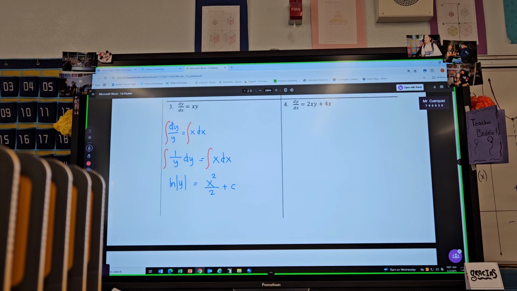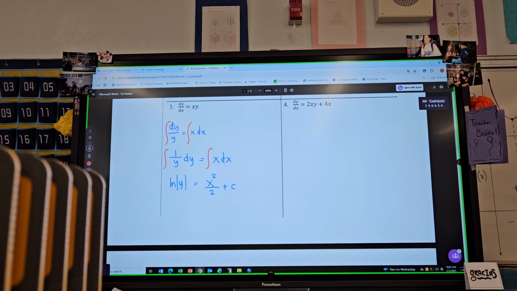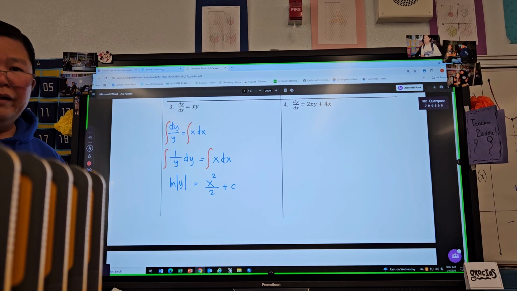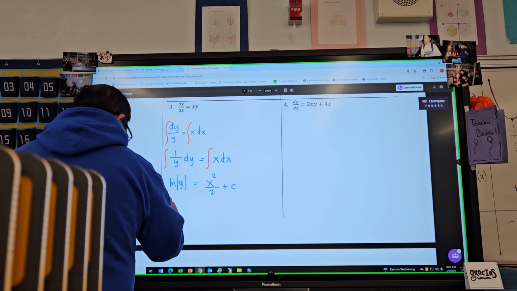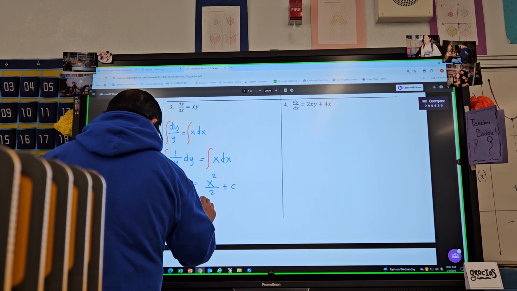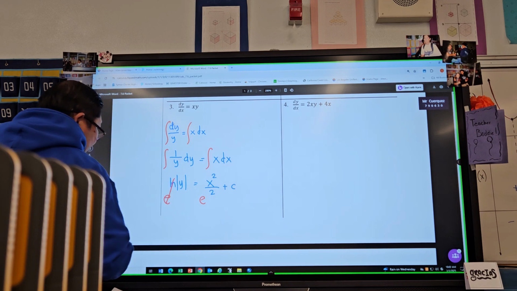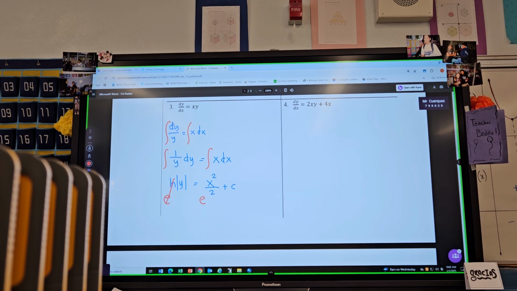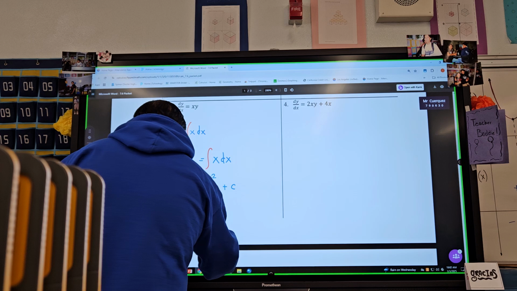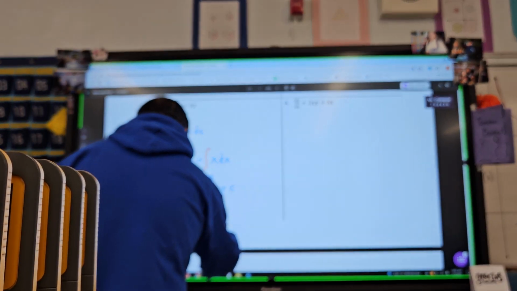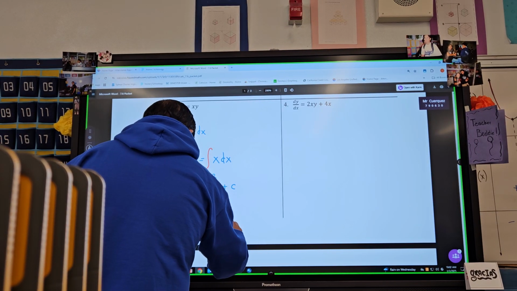Okay, how to get rid of the natural logarithm? What we do? We exponentiate both sides, right? In order to eliminate the ln. So we exponentiate both sides. And what's next? You can have y is equal to e to the power of x squared over 2 plus the constant.